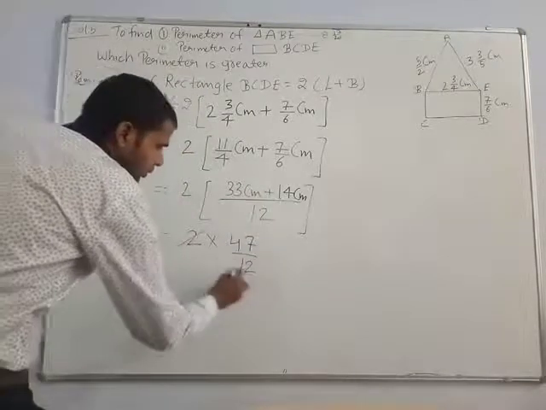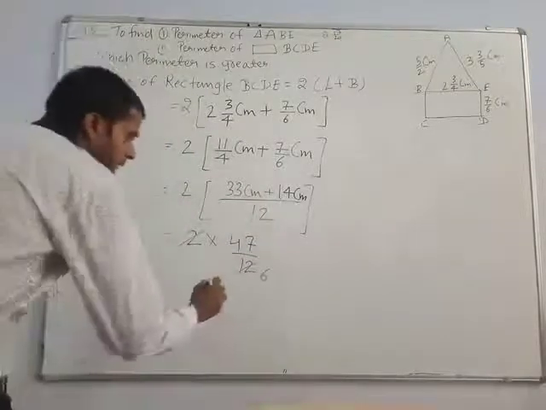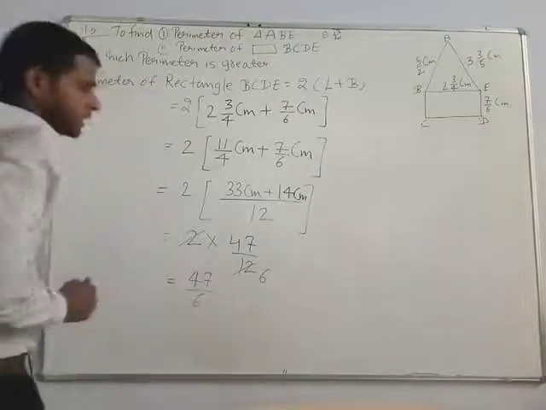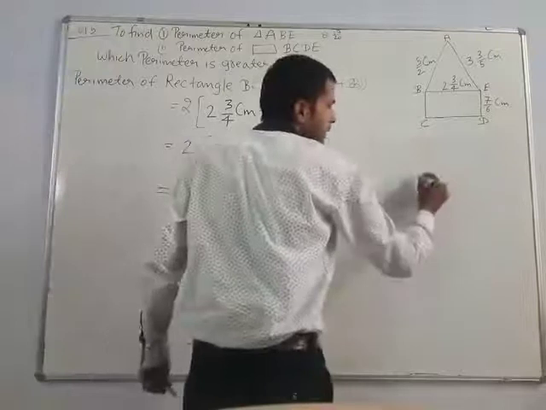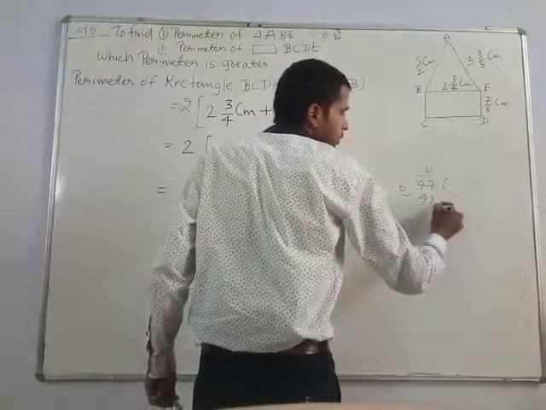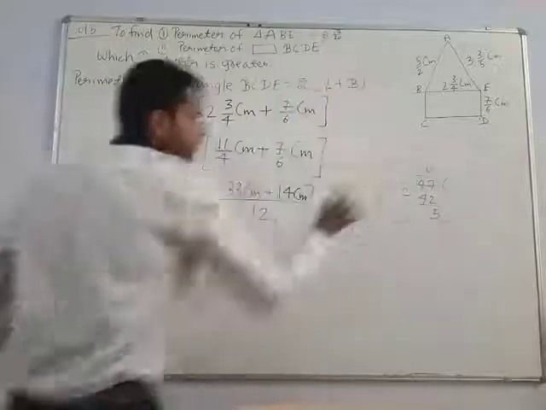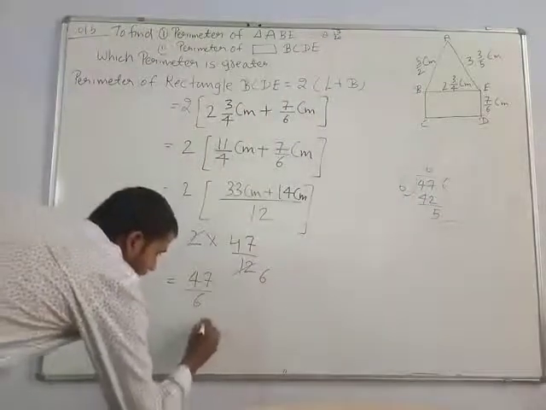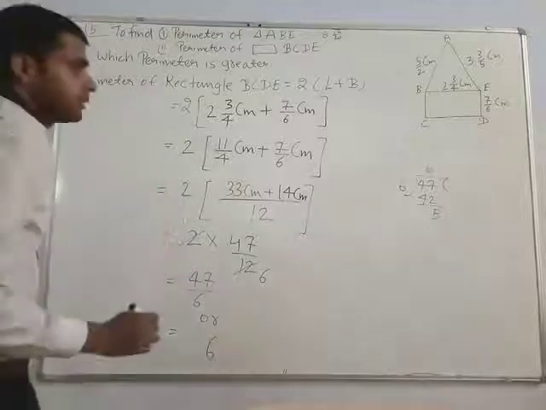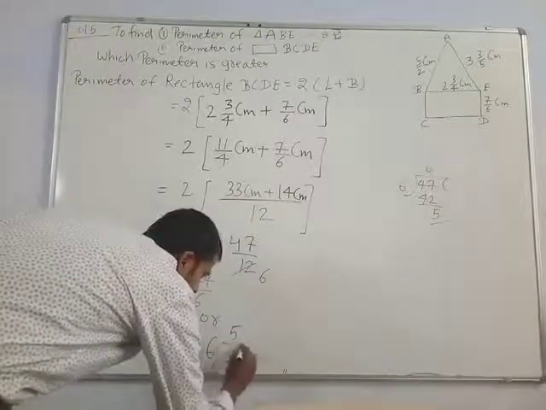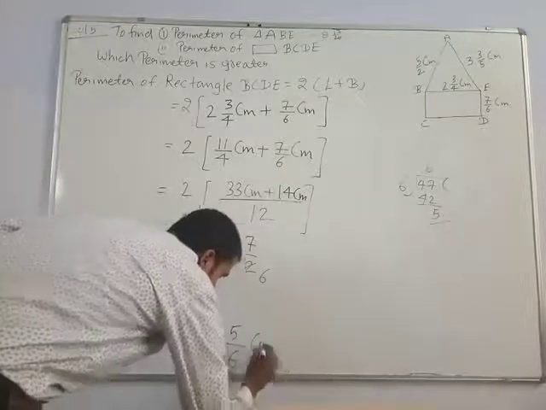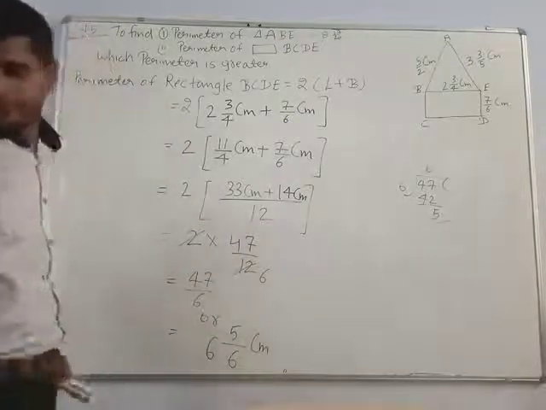So 2 times 47/12, 2 6s are 12, gives 47 upon 6. 47 upon 6 means 47 divided by 6. 7 6s are 42, remainder 5. So first we write the quotient, then the remainder, and then the divisor: 7 5/6.